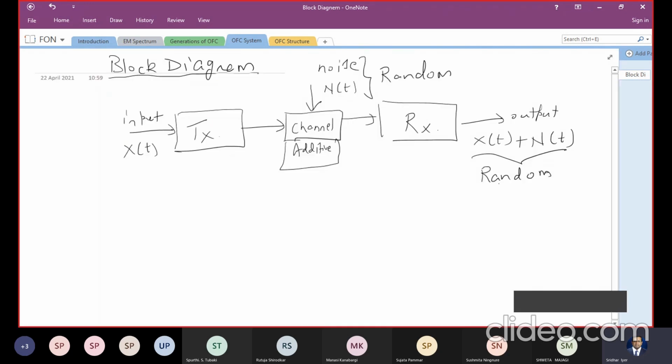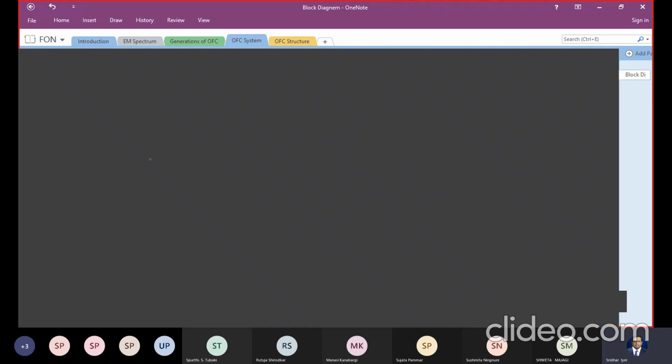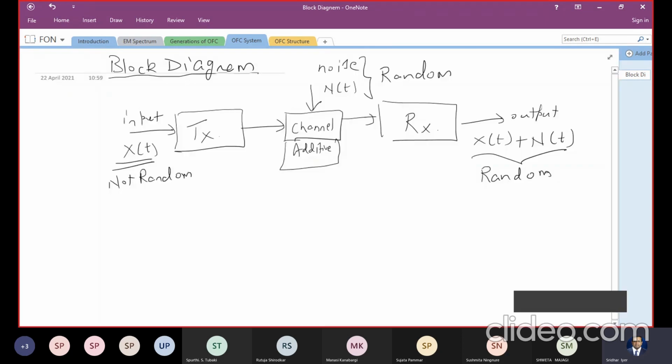I don't know if you're aware, x of t is not random, because as the transmitter, I know what I'm transmitting. Right? If I'm transmitting, let's say, a good morning message, I know I have transmitted good morning. However, if noise is affecting that good morning, and if the morning moves away or is deleted, what I get at the receiver is only good.